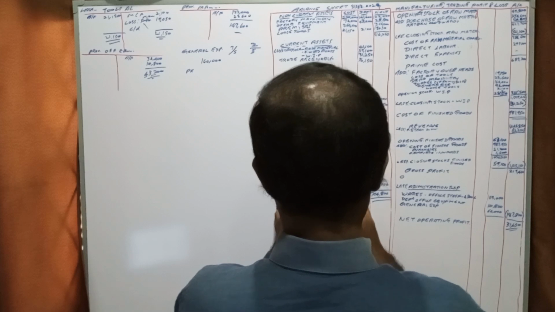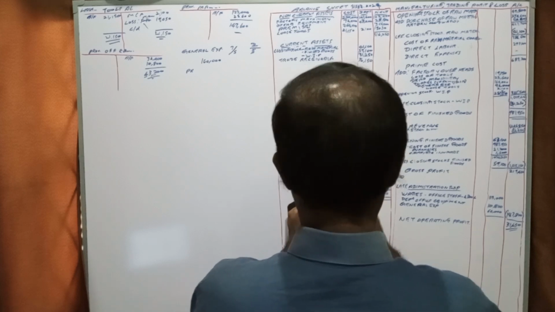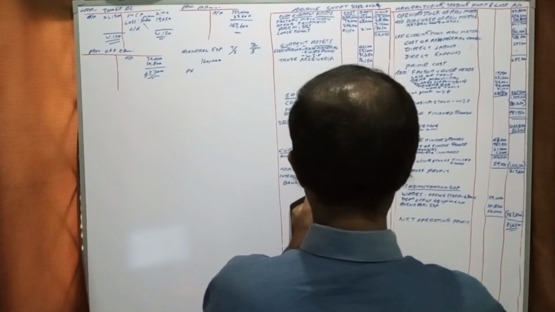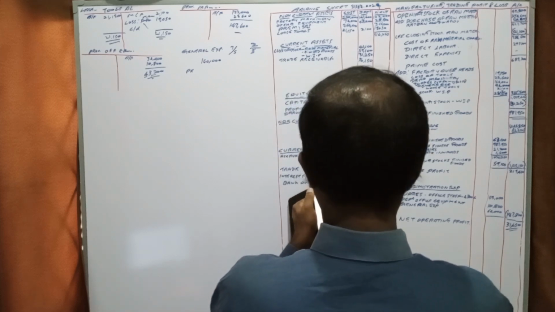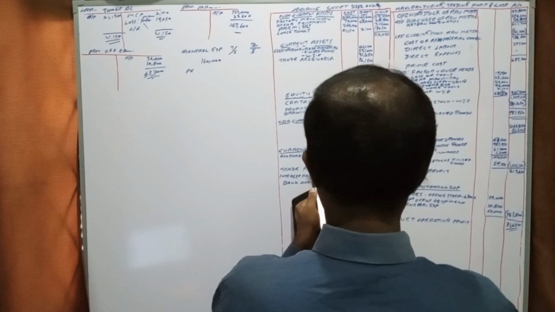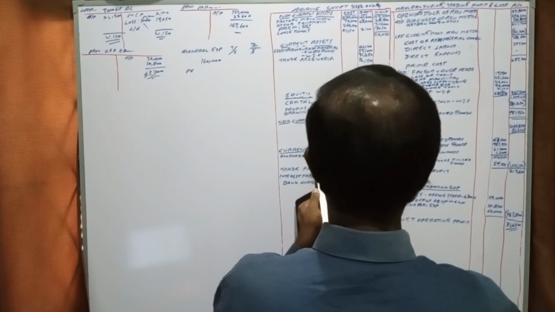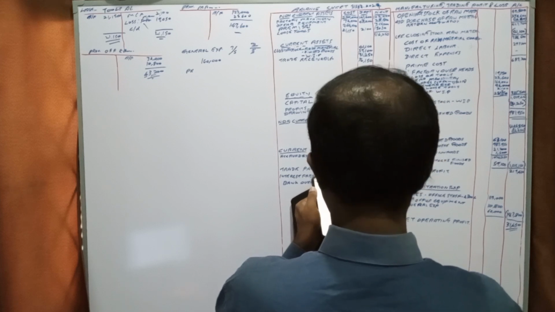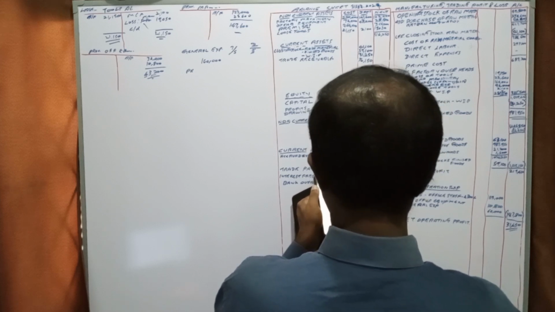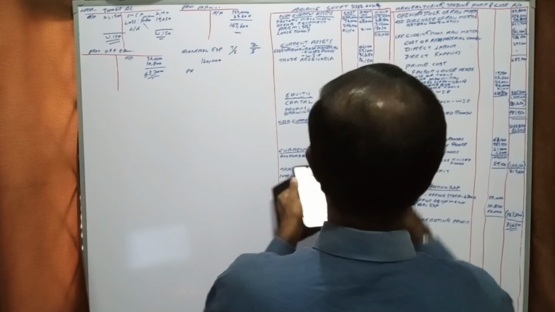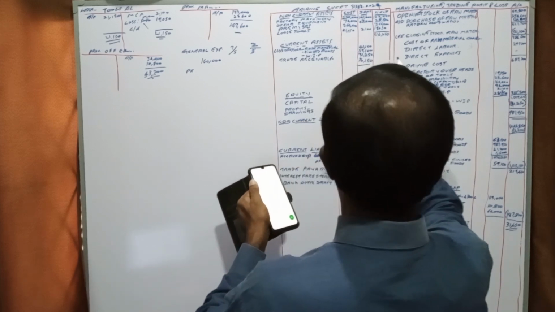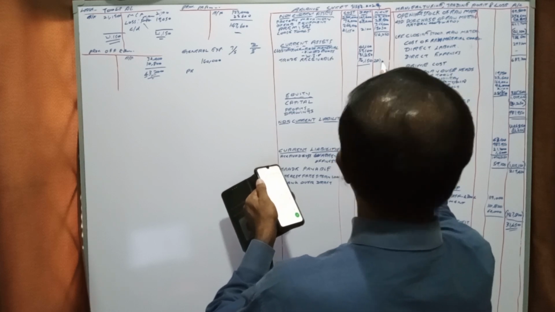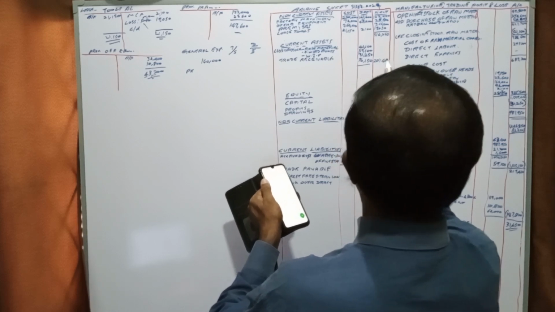So here 41,100 plus 59,100 plus 31,250 plus 76,150, that is 207,600, right?